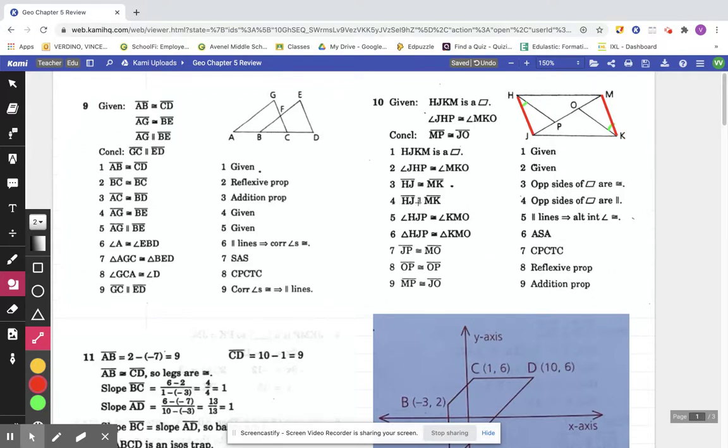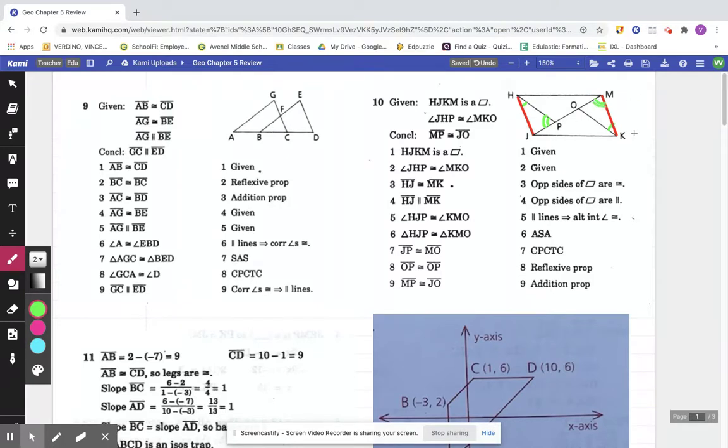We could also say that HJ and MK are parallel, and that's also because opposite sides of parallelograms are parallel. Okay, we can now say that the measure of angle J or HJP is congruent to KMO.